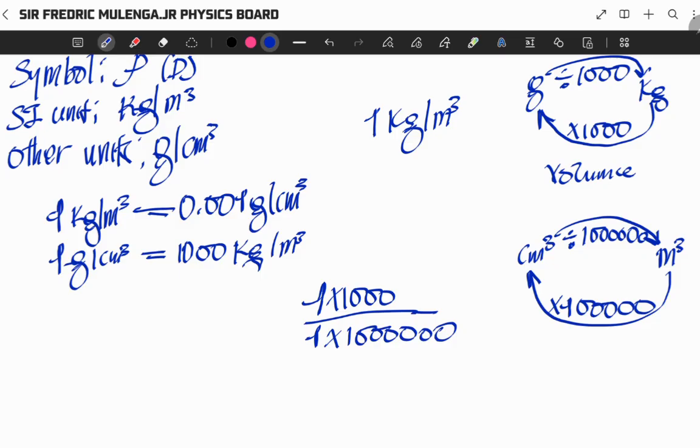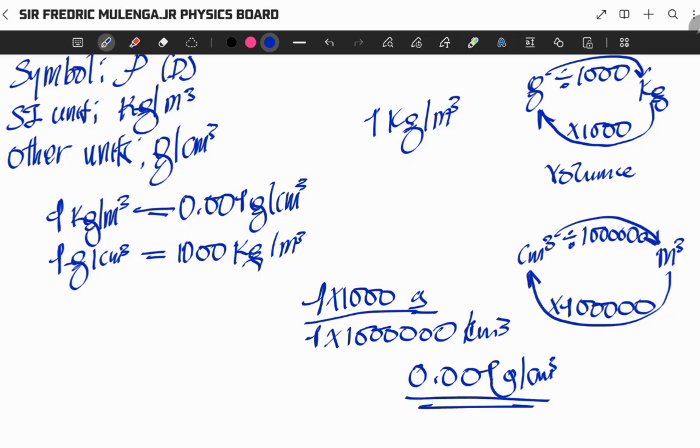If you punch it on your calculator, it will give you 0.001 g per centimeter cubic. So this is where this value came from.